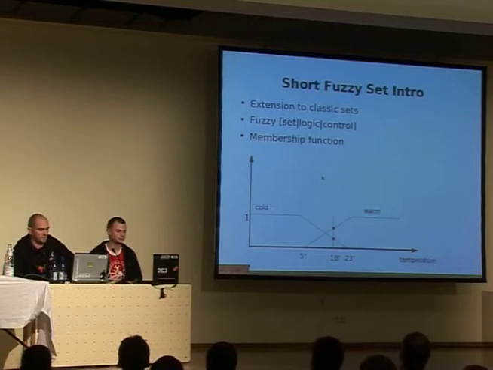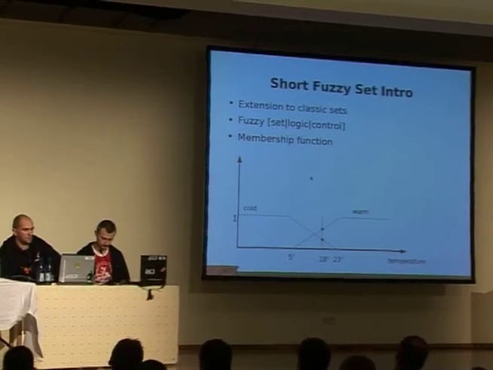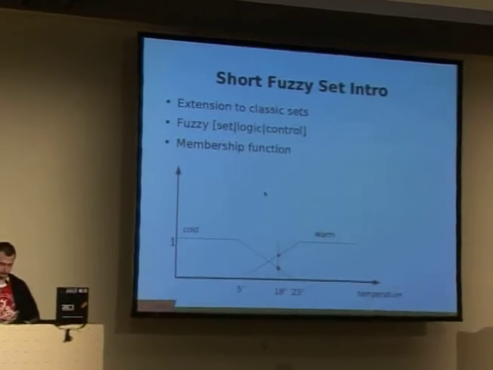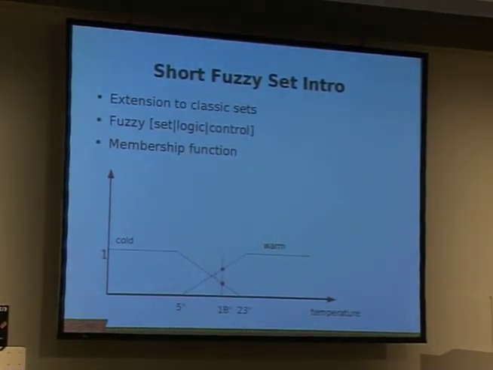And this actually is used in fuzzy sets. So you define a so-called membership function, and this membership function tells you how much your value belongs to your set. In this case here, we have a membership function which is a ramp in the beginning, set from 5 degrees up to 23, and then the membership function gives you 1.